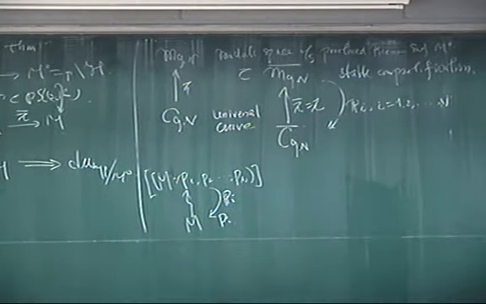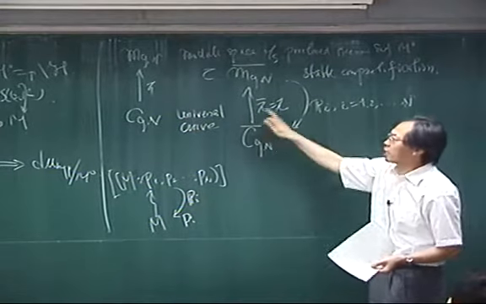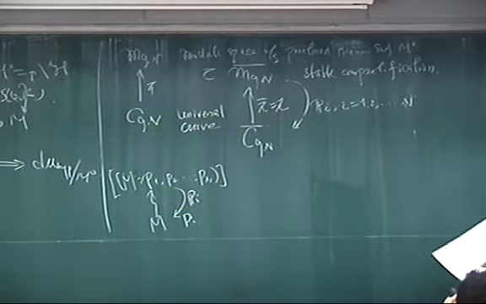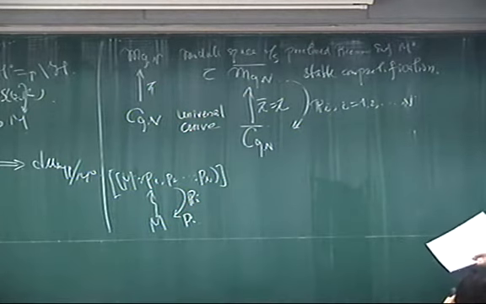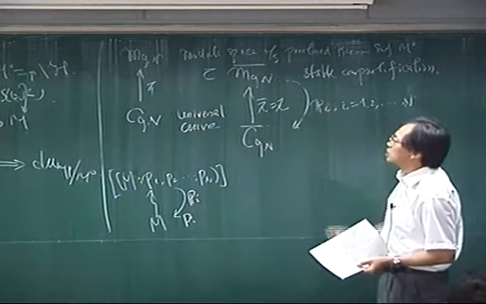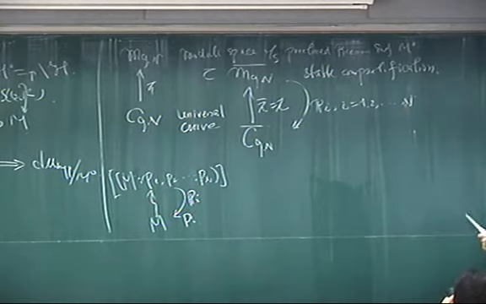We will not distinguish between the sections or the image of the sections, which is a divisor on this universal curve, or you can just say this is a line bundle, O of the divisor for this Pi, which is the line bundle corresponding to the image of this section. We will not make any distinction between any of this.